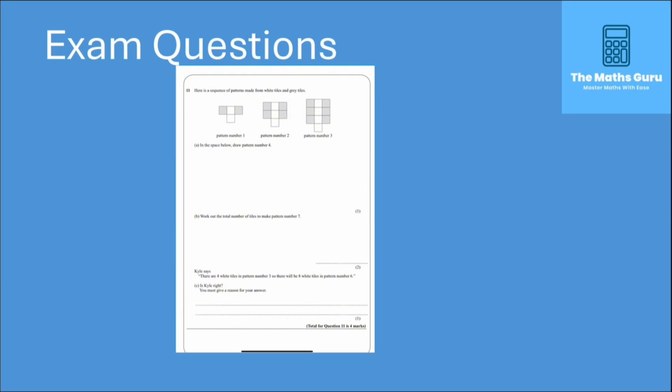Here is a sequence of patterns made from white tiles and grey tiles. In the space below, draw pattern number 4. This is more of an abstract question, using your intelligence outside of what we learn in maths. We can clearly see that the shapes are getting longer. There's 4 here, 3 here, 2 here, and the number of grey shaded circles is also increasing: 1 each side, 2 each side, 3 each side.